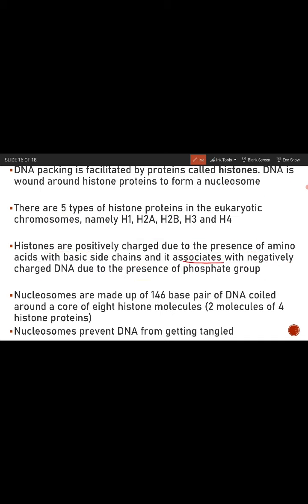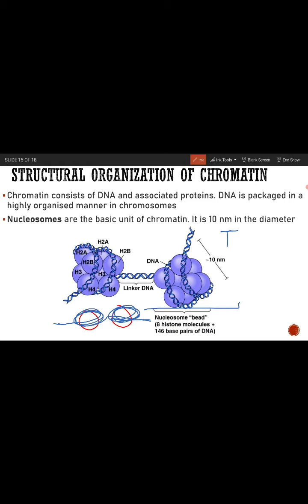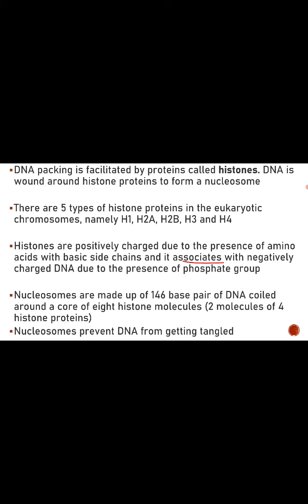So the histone protein is positively charged and the DNA molecule is negatively charged, and you know that opposites attract. So the negatively charged DNA is wrapped around the positively charged histone proteins, right?